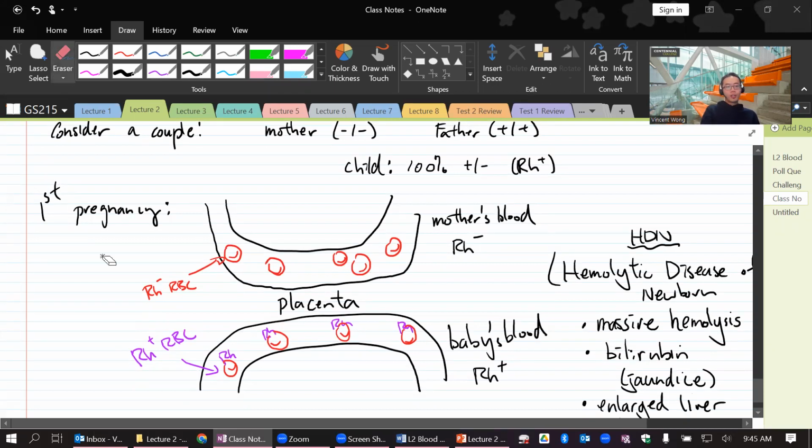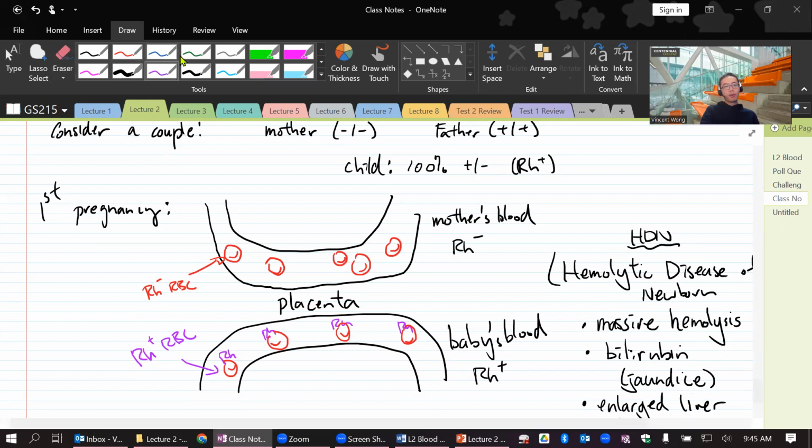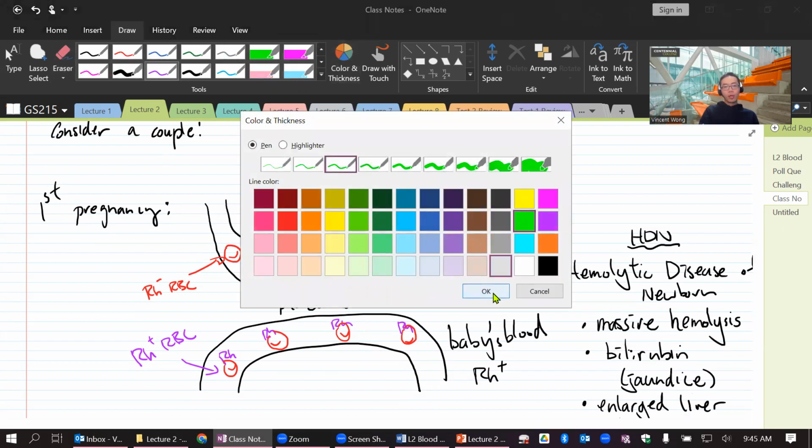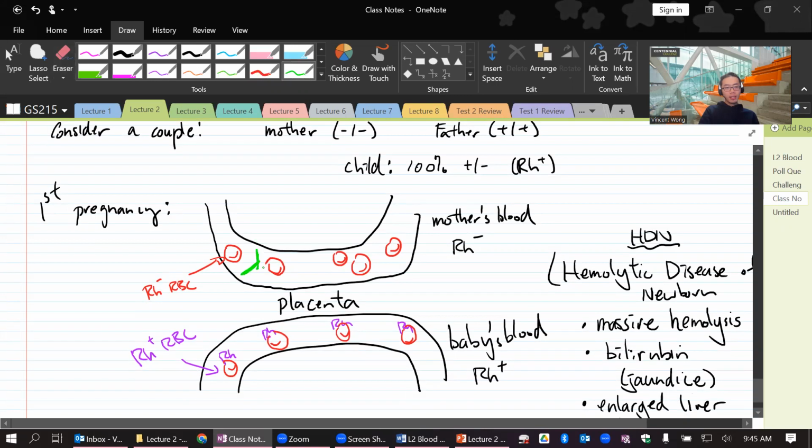So first pregnancy, same situation as before, but now we're going to give the mother the RhoGAM. I'm going to draw the RhoGAM here. This is the anti-Rh antibodies from the RhoGAM. So what does it do? Well, let's say the placenta is damaged, and then some of the baby's blood is once again going to go into the mother's bloodstream.